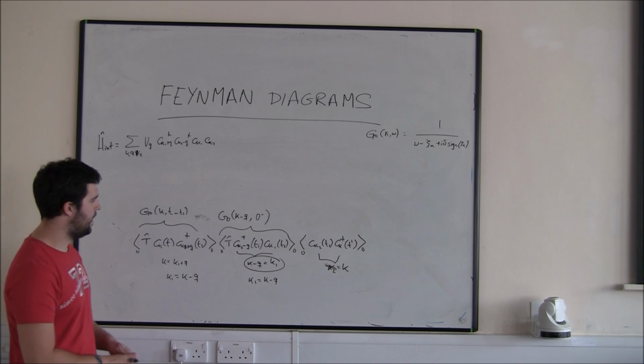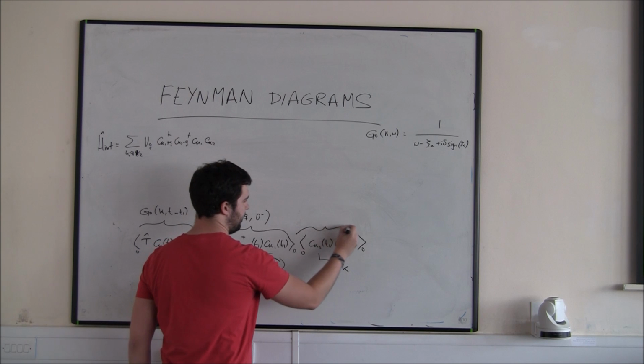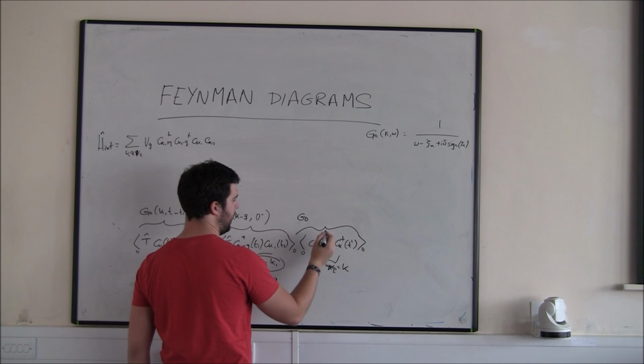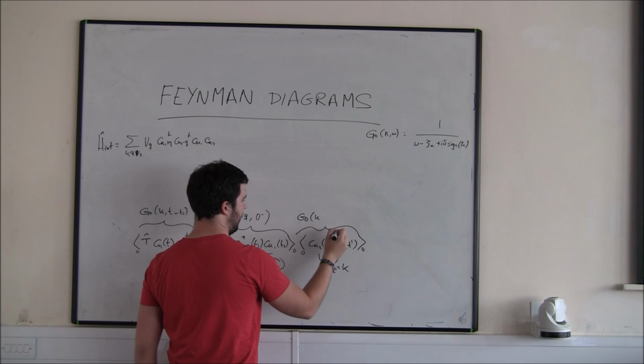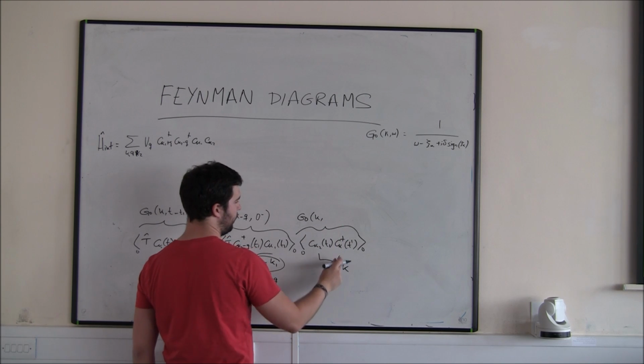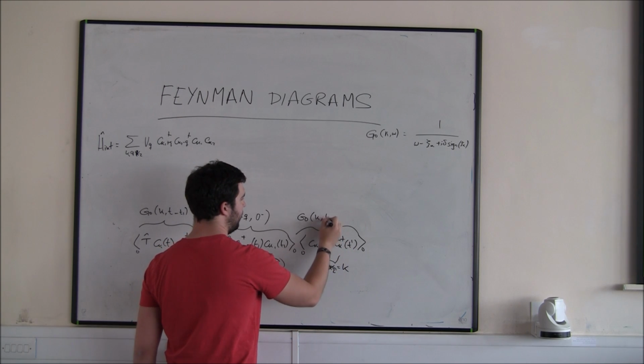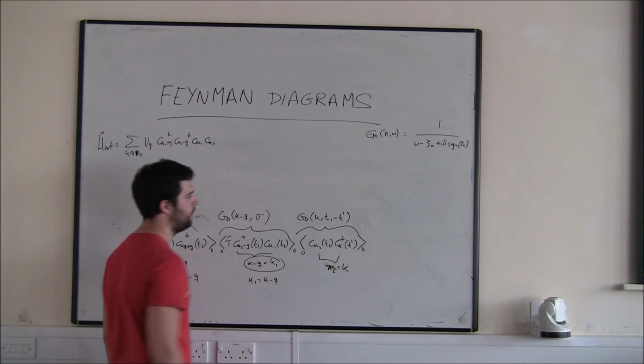Okay? And then the last term is just a non-interacting Green's function between K2 and K, but K2 has to equal K to be non-zero, so this is between T1 and T dash.